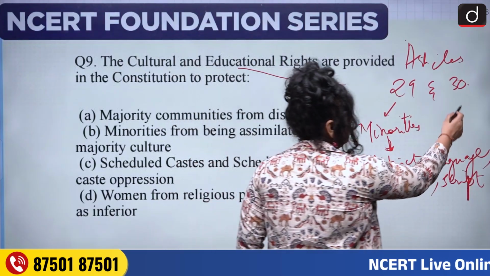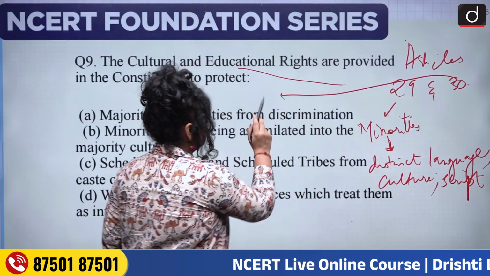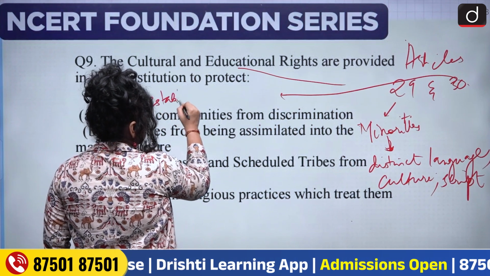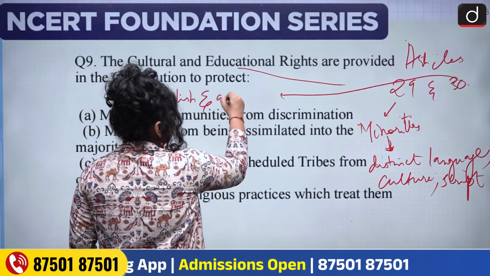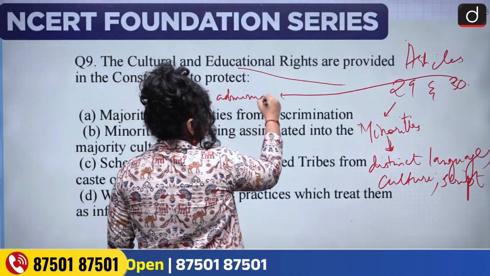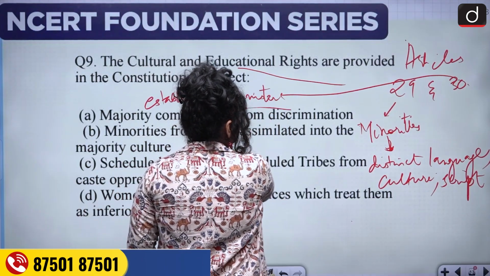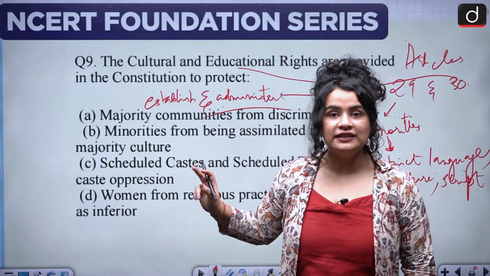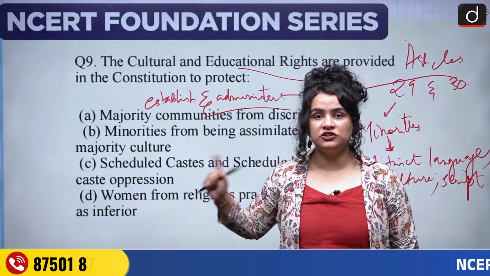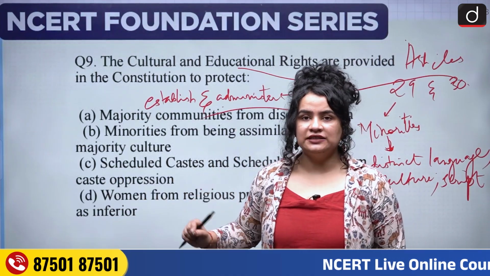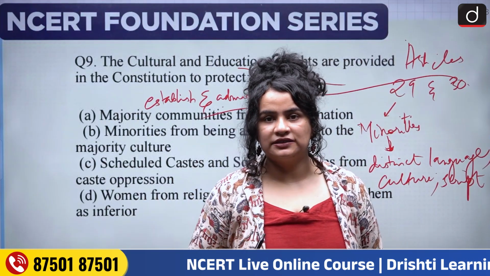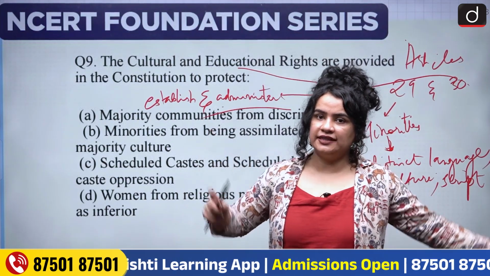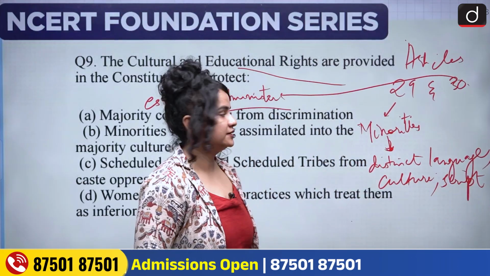And Article 30 talks about the rights of minorities to establish and to administer educational institutions. Now notice that a similar right was also provided under Article 26 in the freedom of religion, right? So we can say that our constitution actually provides protection to the minorities which are religious as well as cultural minorities. All right.